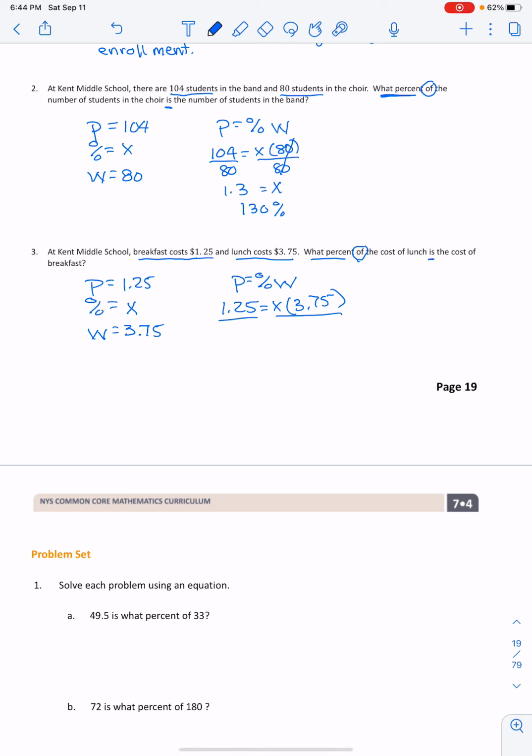So now divide both sides by 3.75. So now we have X equals 0.3 repeating. And remember what I said? This is one of the fractions that we are going to need to memorize. And 0.3 repeating as a percent is 33 1/3%. And that ends our lesson.